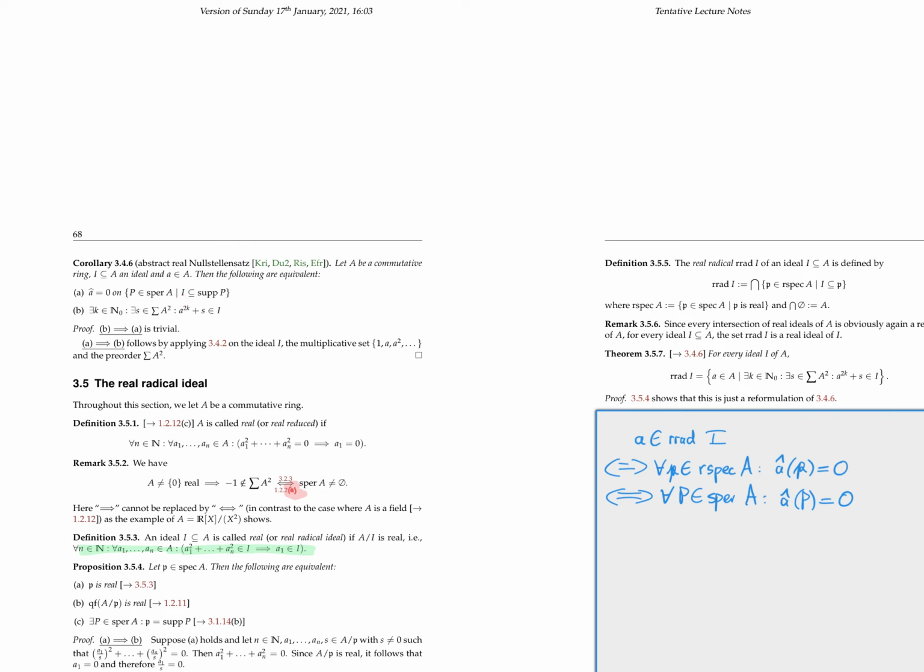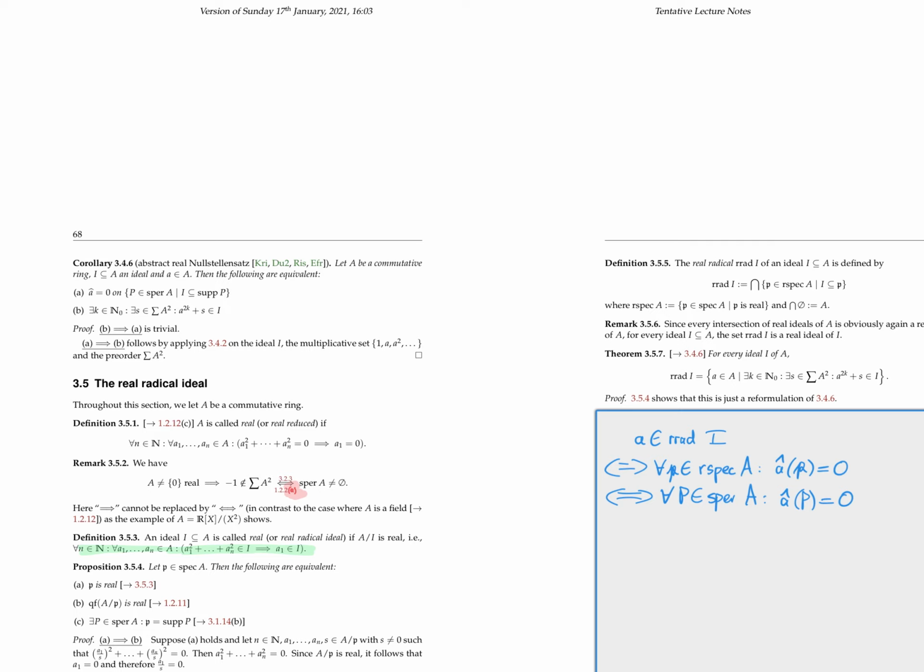So this means A hat is 0 on A hat of P equals 0 for every prime cone, right? So this is then equivalent to an even power plus a sum of squares being equal to 0.